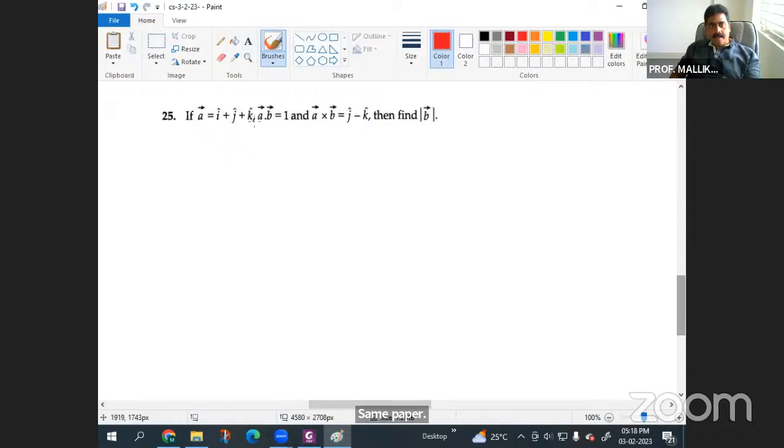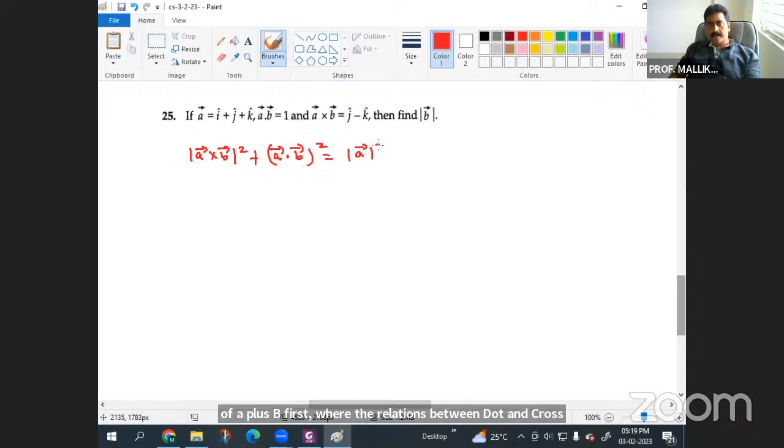Right. A equals I plus J. We have Lagrange's theorem, the relation between dot and cross: mod of A cross B whole square plus A dot B whole square equals mod A square into mod B square.